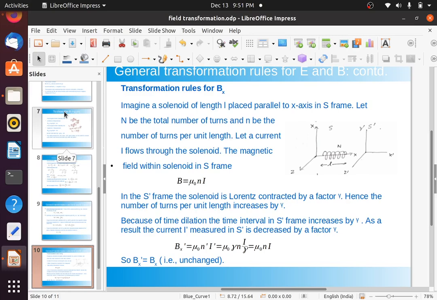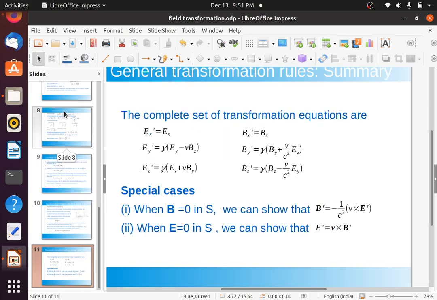So you are taking the same law, B is equal to mu 0 n I. Here it is modified as mu 0 n dash I dash, with the corresponding number of turns per unit length and the corresponding current measured in the S dash frame, so you can show that in effect there is no net change. So Bx dash is equal to Bx. There is no change.